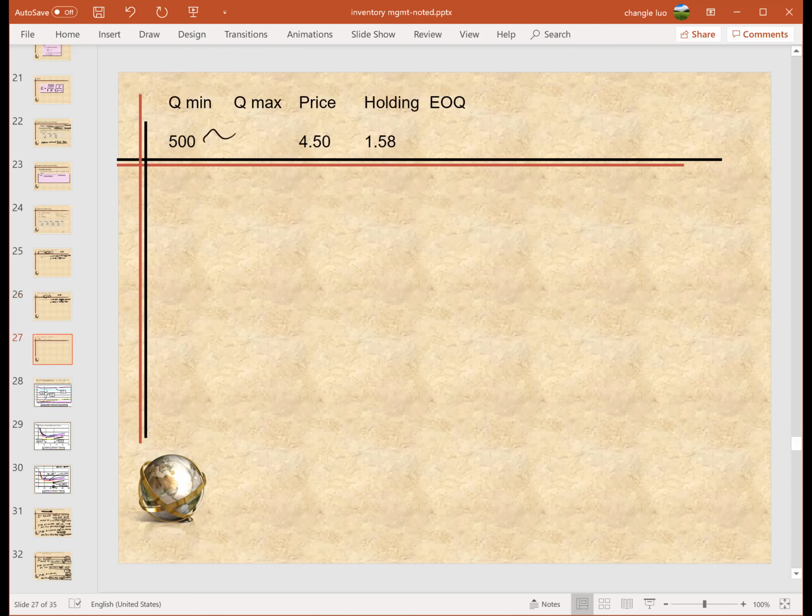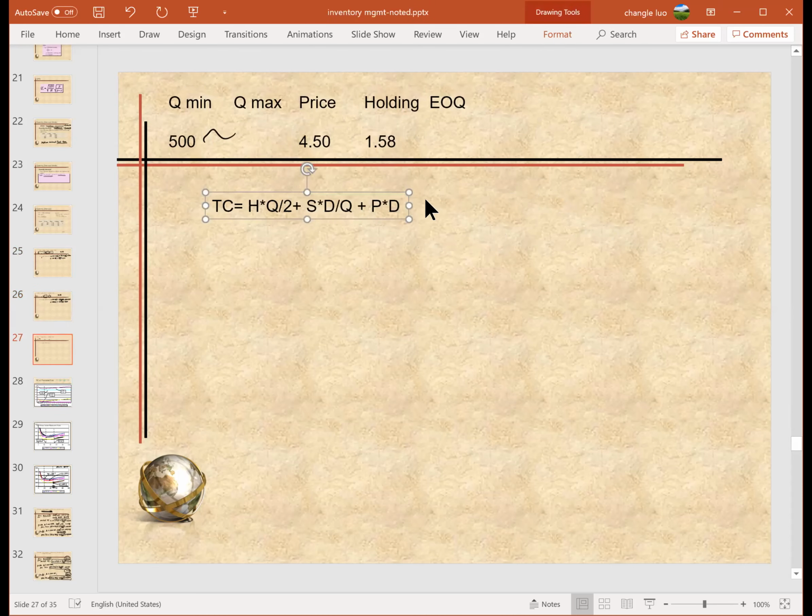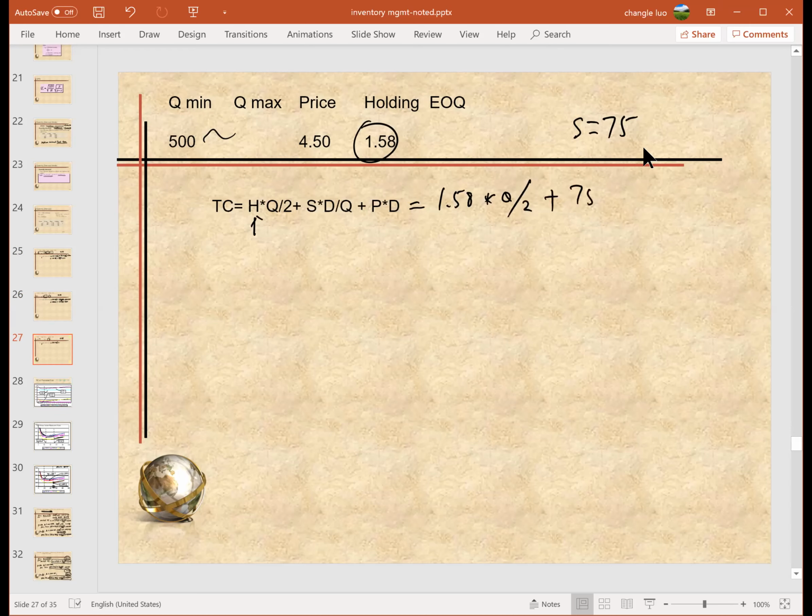Okay, so about 500. I'm going to have to copy this equation. So this one here. Now, S equals 75 as well. Holding is 1.58, so this one goes to here. Times Q divided by 2 plus S, 75 times 1,000 divided by Q plus P, price.